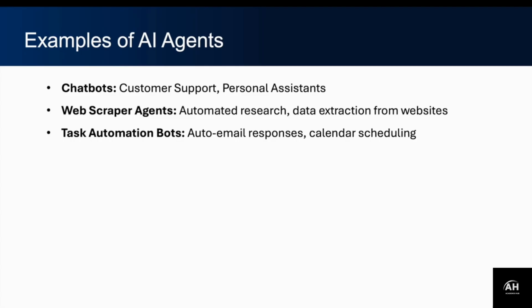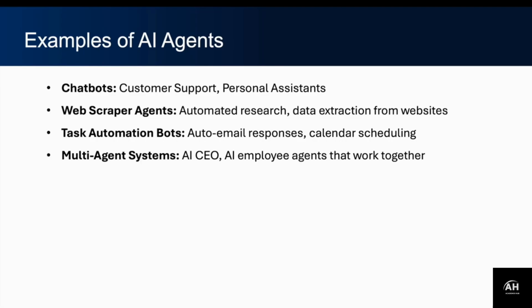For agent types like task automation bots, the use cases for them are auto email responses and calendar scheduling. And then we have multi-agent systems. The use cases for that can be AI CEO or AI employee agents that work together. And we will be looking at implementing all these different agent types in this particular course over the next few days. So let's get started.